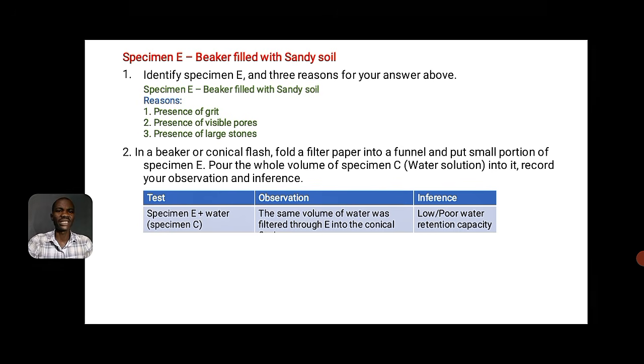So specimen E plus specimen C, that is water. What is your observation? The same volume of water was filtered through E into the conical flask. What is your inference? Your inference is that there is low or poor water retention capacity.